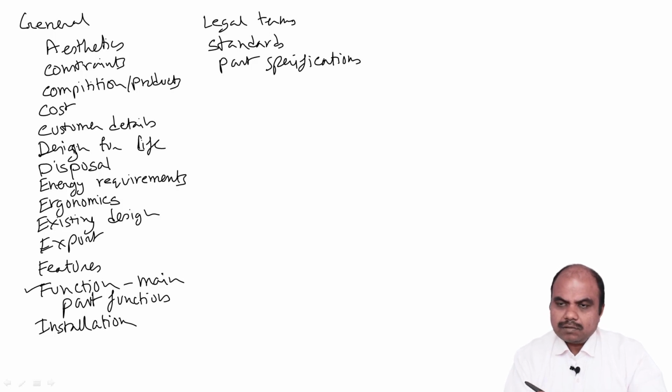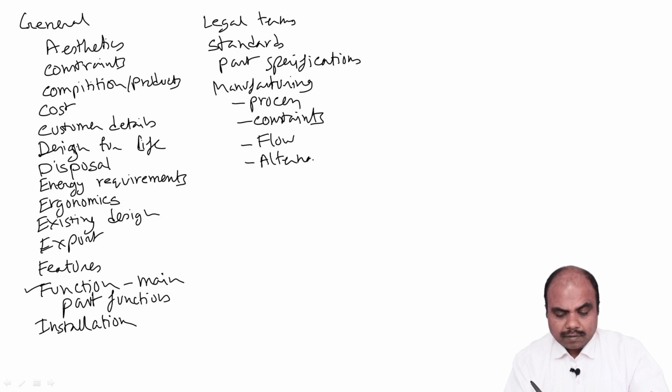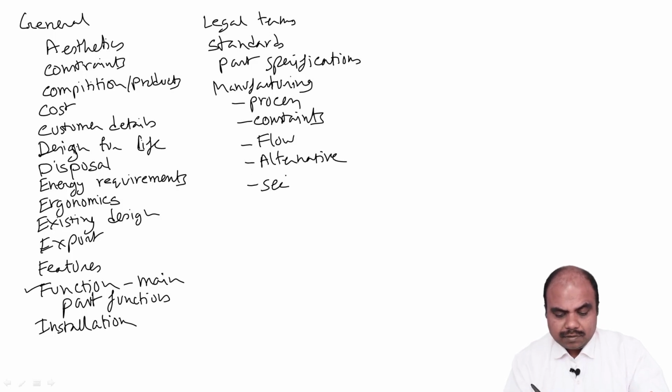We can also add manufacturing, process, constraints, then flow, then alternatives, then sections to be used, and several others we can add.